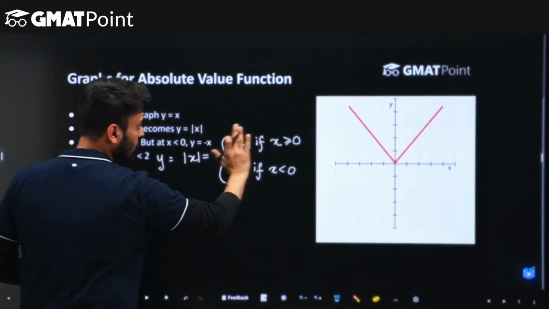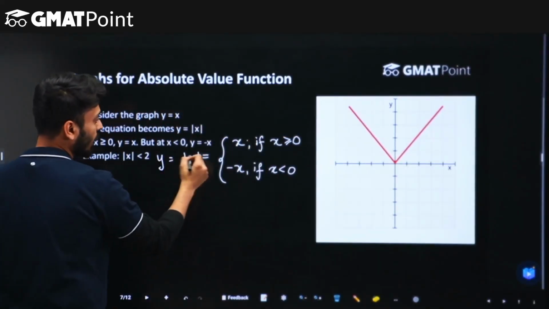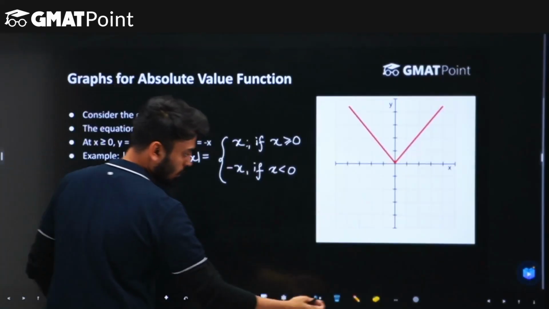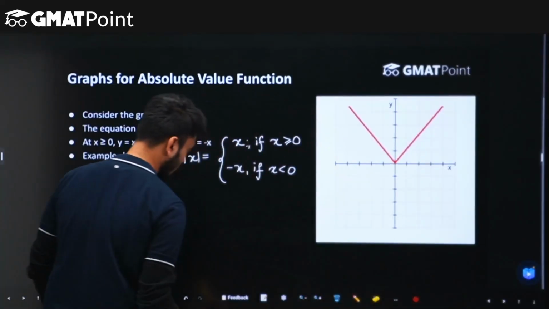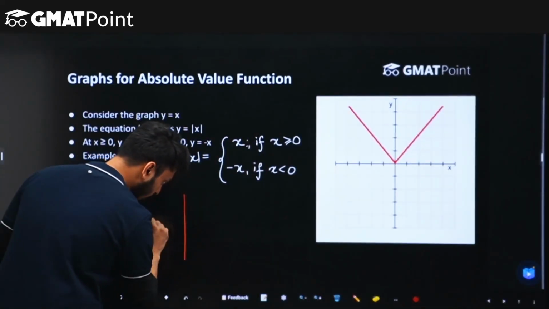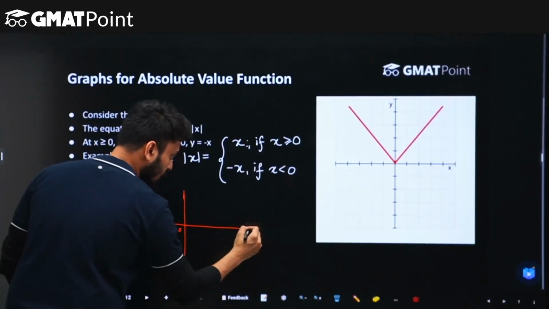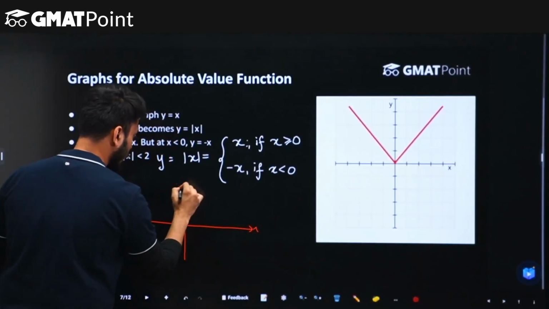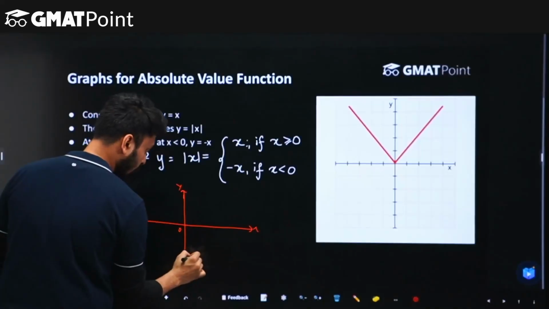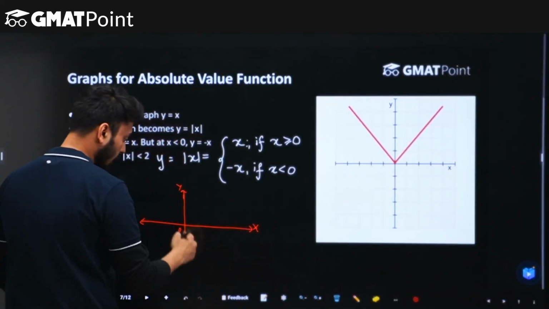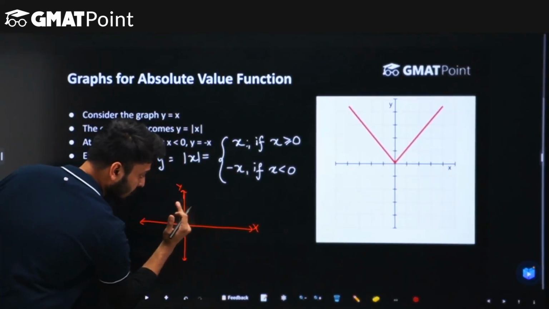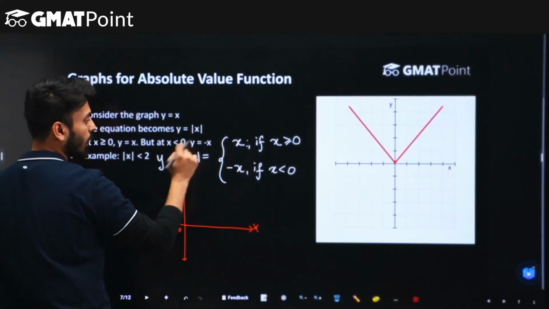So, if x is greater than or equal to 0, we get y equal to x. So we'll draw the graph for that, but only for x greater than or equal to 0. This is our origin here, x-axis and y-axis. For x greater than 0, which means right of the y-axis, we have y equal to x.